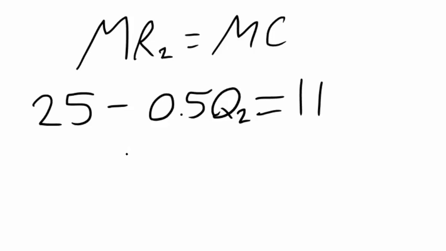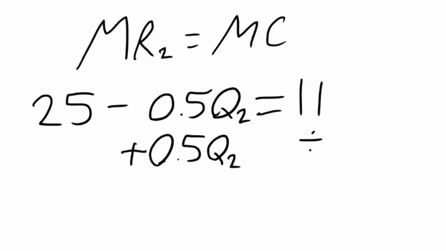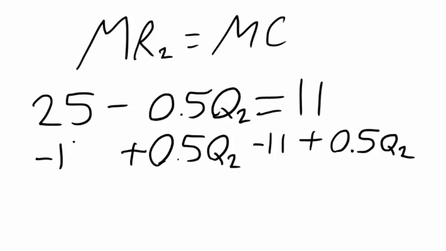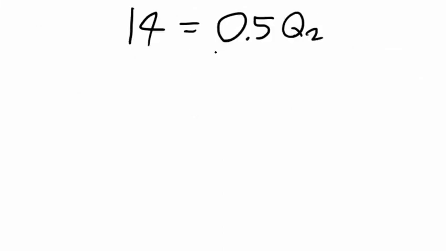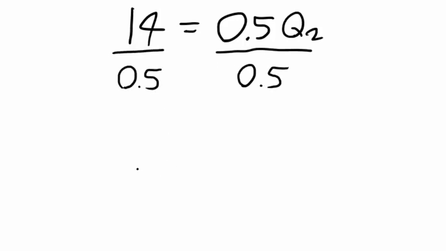We add 0.5 Q2 to both sides and subtract 11 from both sides, and we get 14 equals 0.5 Q2. Dividing both sides by 0.5, we get a Q2 of 28.